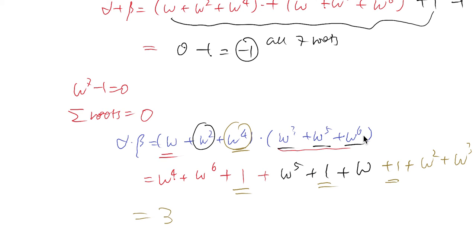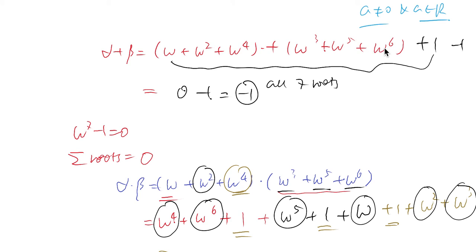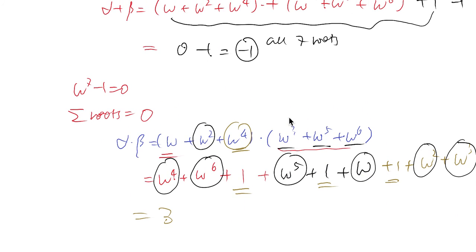Okay, 3. And then look at the rest of the w's. We have w squared, w to the power of 3, w to the power of 4, w to the power of 5, and w to the power of 6. So we have all the roots except 1. So the sum of all the roots, you can plus 1 minus 1 overall, just equals minus 1, right?